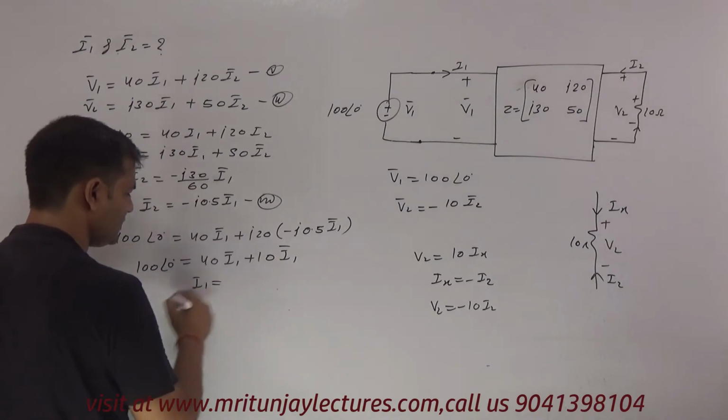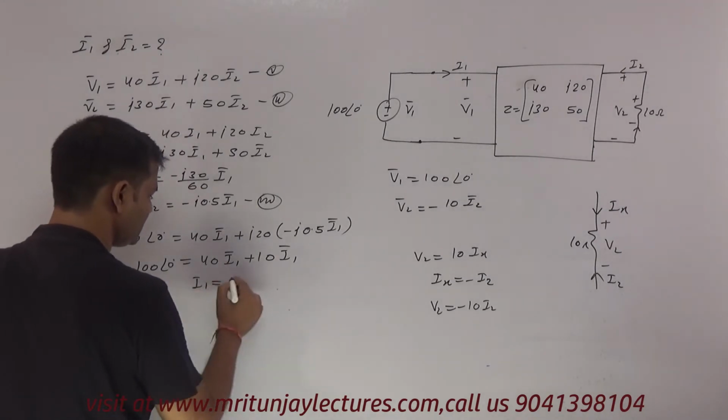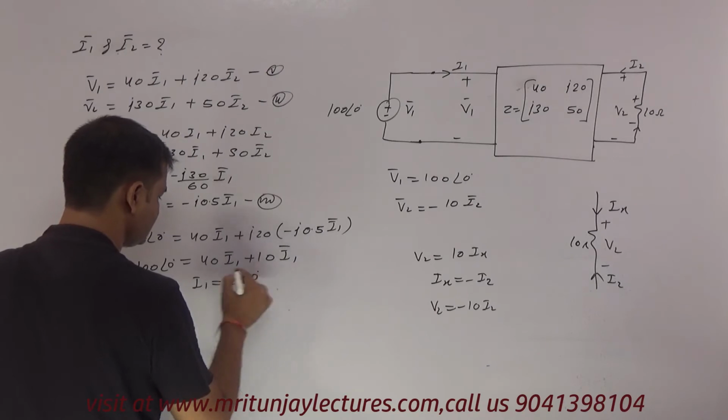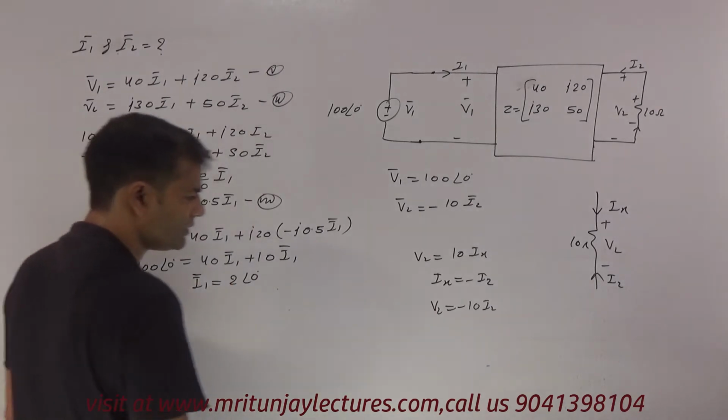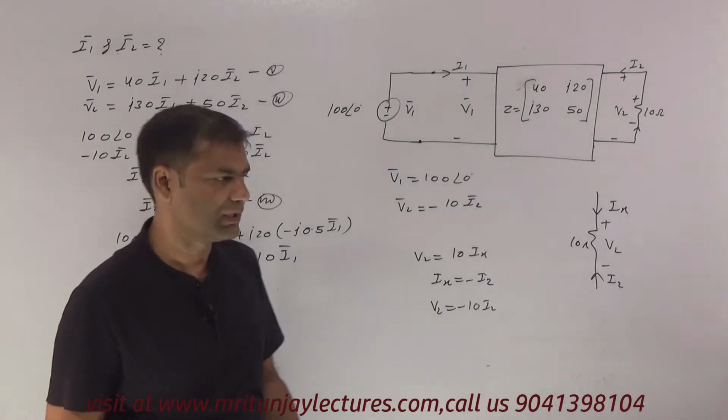So I1 equals 100 by 50, that is 2 at the angle 0 ampere.